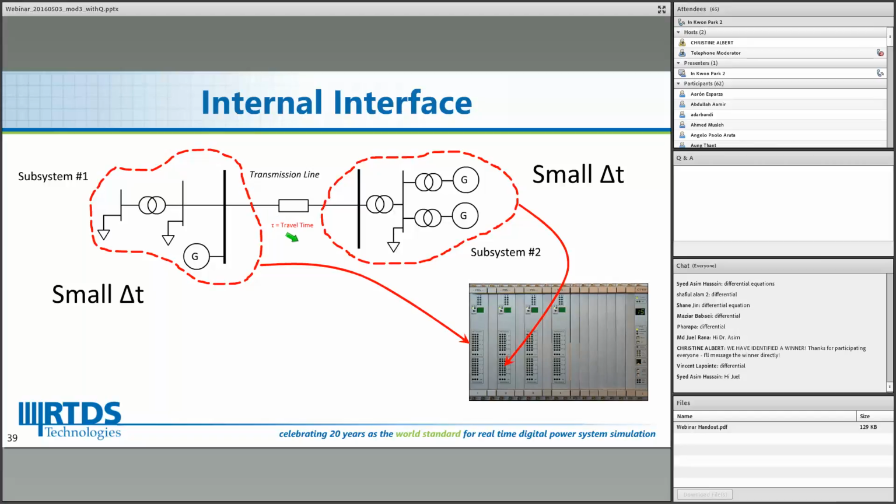That means the necessary length of that transmission line should be much shorter than what you would use in your large time step. And by using this technique, you can distribute those several sub-circuits into the several processors available in your real-time simulation hardware like this rack.